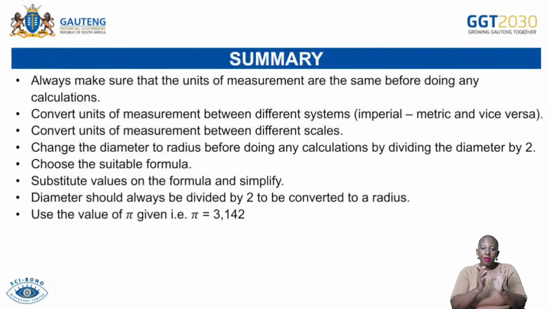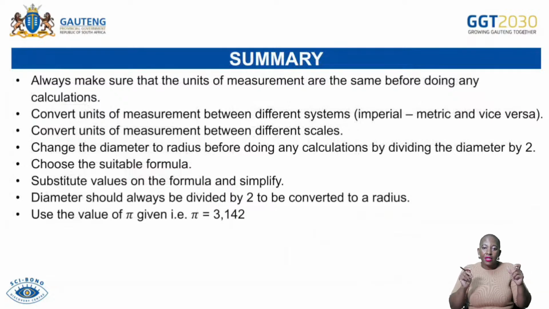Where I was given the millimeters, I had to convert it to meters in order for me to have the same unit of the shapes, and then convert the units of measurement between the different systems. Sometimes if the examiner has given you the imperial to the metric, or from the metric to the imperial, you have to do the conversions based on the given scenario.